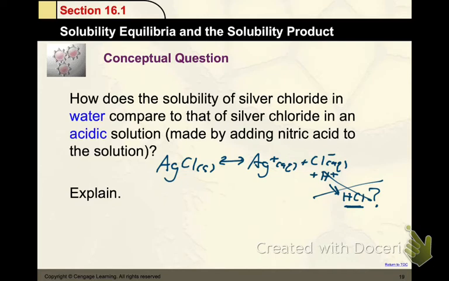So the answer is they're going to be the same. The bottom line question is, does the H plus from an acidic solution affect either of those ions? It doesn't. It's not going to combine with Cl minus to form a strong acid. So they end up being the same.